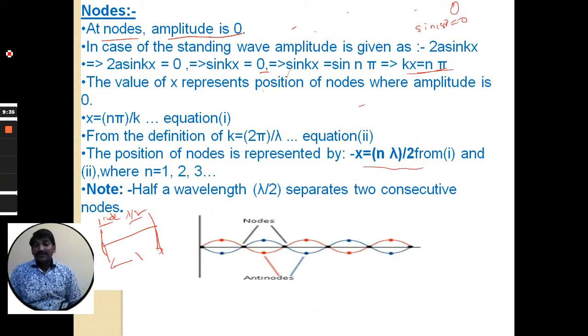Now, the conditions we have just discussed are the conditions for the nodes. With respect to the condition, for example, take the case of a string fixed with two rigid supports.